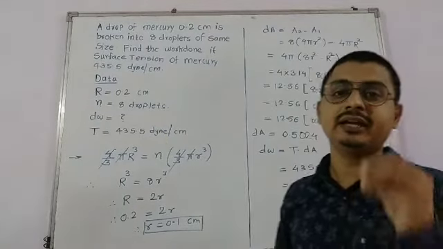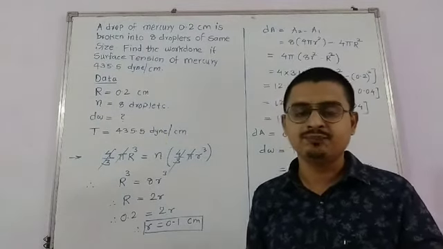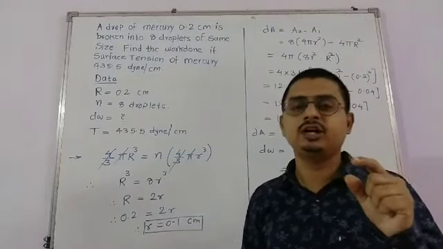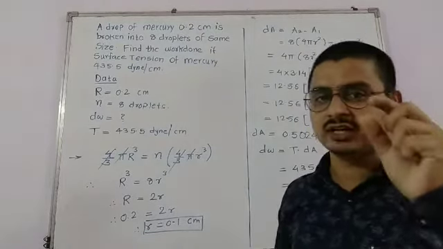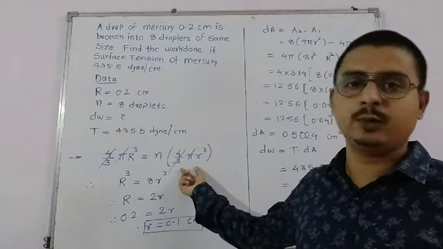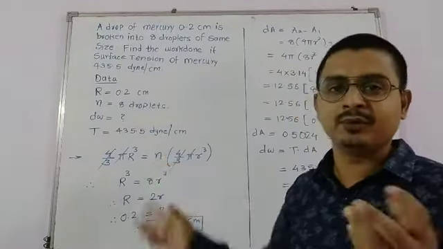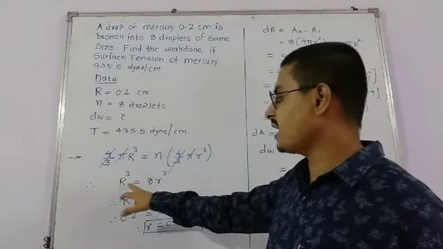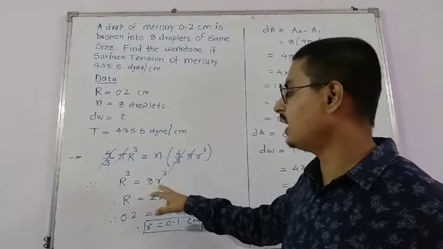Capital R means the initial drop जिसका radius ज़्यादा था. And here small r stands for a single droplet. जो 8 droplets में से single droplet है उसका volume is 4 by 3 pi small r cube, और n is the number of droplets. वहाँ पे 8 droplets है. So this equation becomes R cube is equal to 8 small r cube.